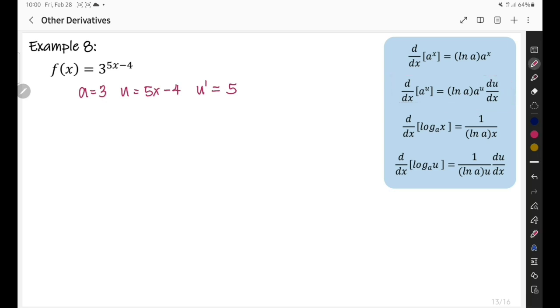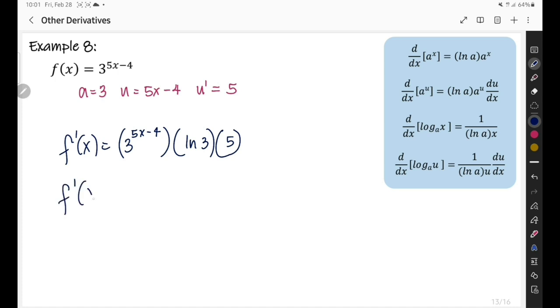So we have f prime of x is equal to a to the u, so you have 3 to the 5x minus 4 times ln of a, so ln of 3, times the derivative of your u, which is 5.